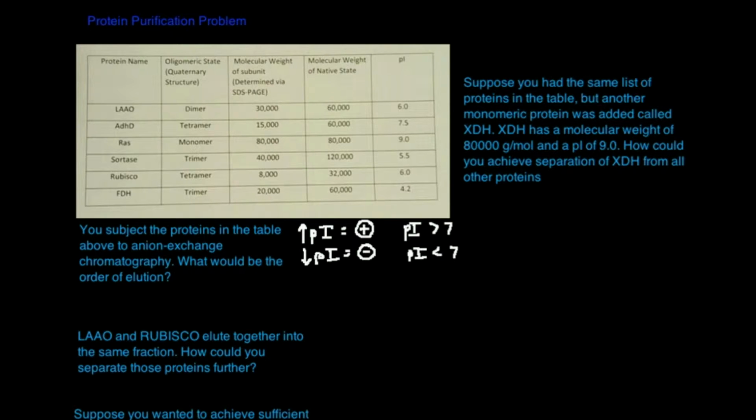We're subjecting this to anion exchange chromatography. So what does that mean? If we look at an anion exchange column, the resin in the column is going to have a positive charge. That might not make a lot of sense at first because it's called anion exchange.